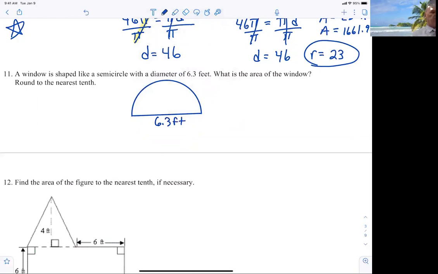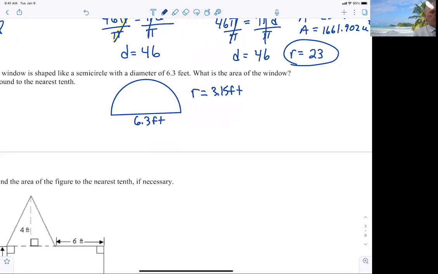Okay, so how do I figure out what the area is, buddy? That's right. So the radius would be what? 3.15 feet. So now how do I find the area? What's the formula for area? Yes, pi times r squared.